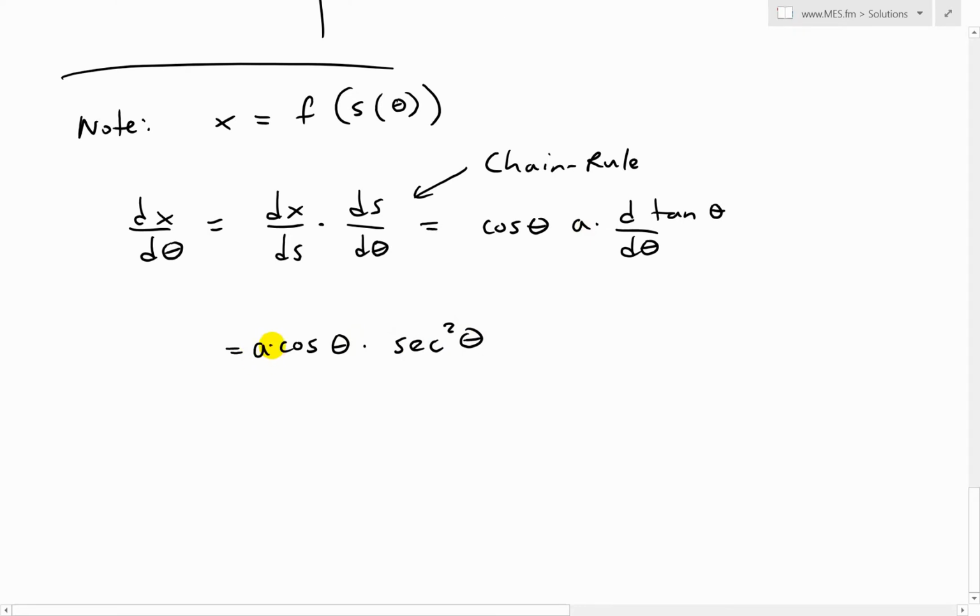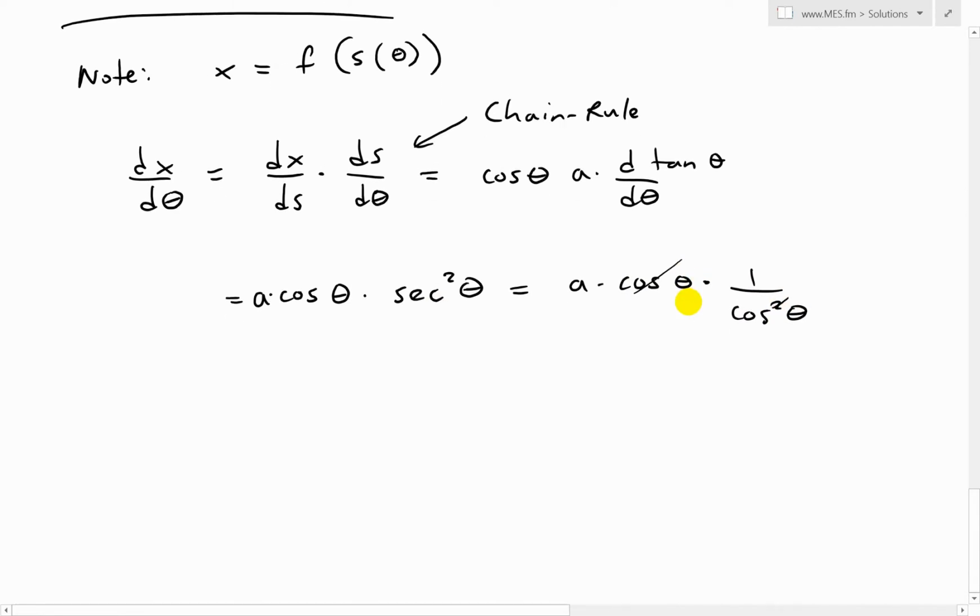Now secant is, by definition, 1 over cosine, so it's a cosine theta times 1 over cosine squared theta. We can cancel this, and this equals a over cosine theta. And again, by definition, 1 over cosine theta is just secant theta. So this is what our dx over d theta is equal to.